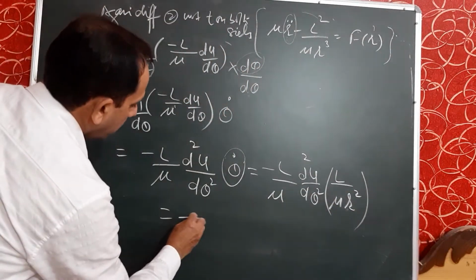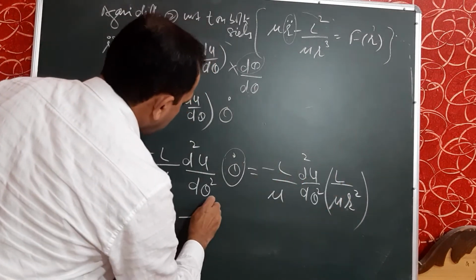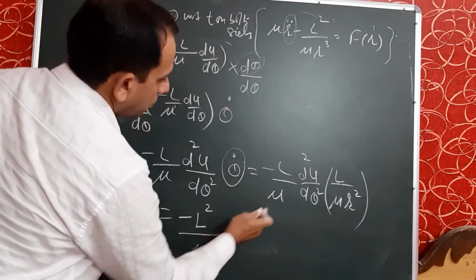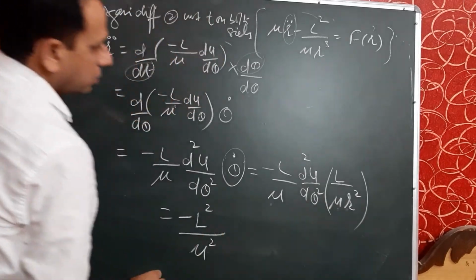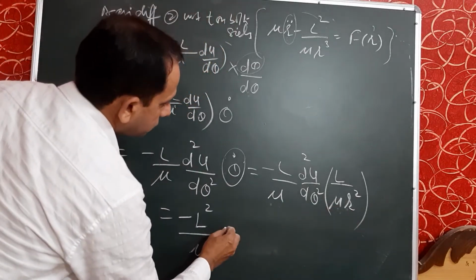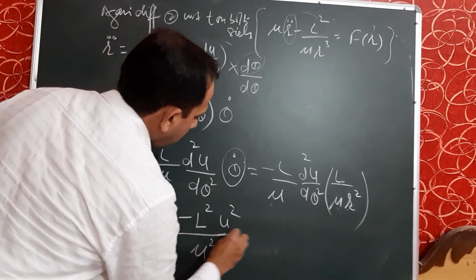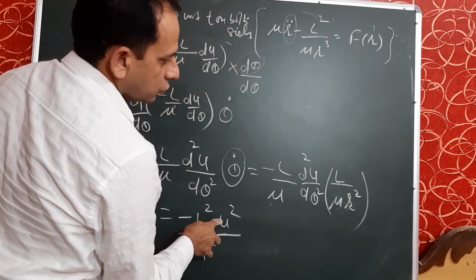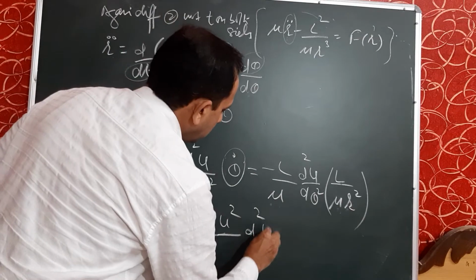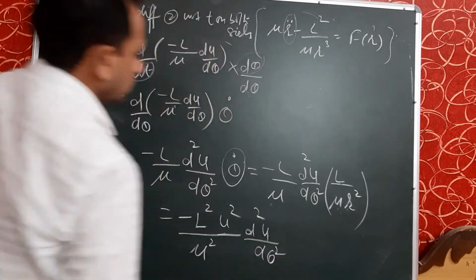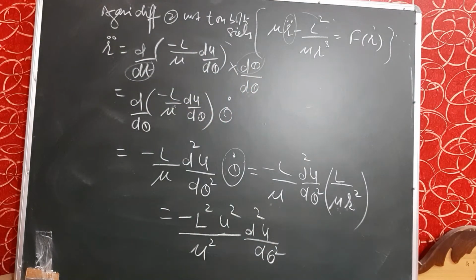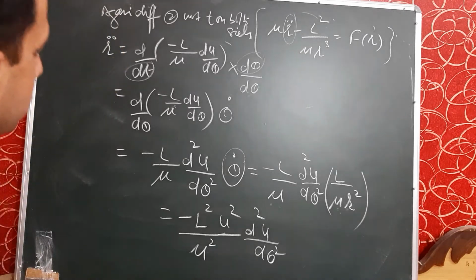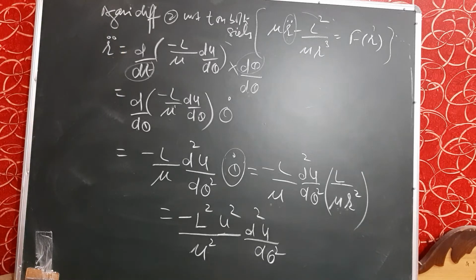So it will become minus L square over mu square, because it is constant, and u square, because 1 by r square is u square, and d square u upon d theta square. So this is the value of r double dot: minus L square u square upon mu square into d square u upon d theta square.